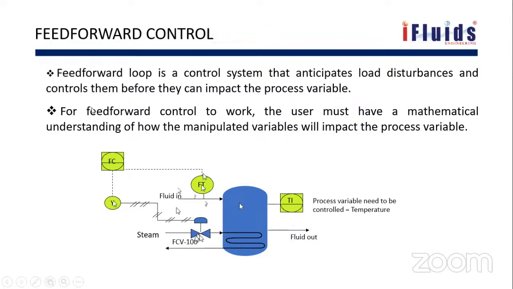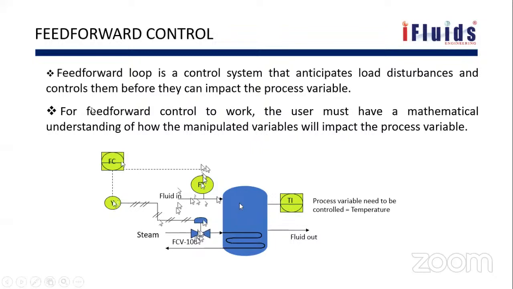So that's why, now I know the disturbance is caused only by the flow of this fluid. So I'll directly control the effect of disturbance here. So I'll take the disturbance: flow has increased by 10 meter cube, now you increase the steam flow. Flow has reduced by 10 meter cube, you decrease the steam flow accordingly. So this controller gives instruction to this steam.